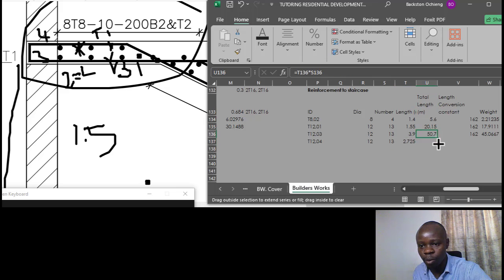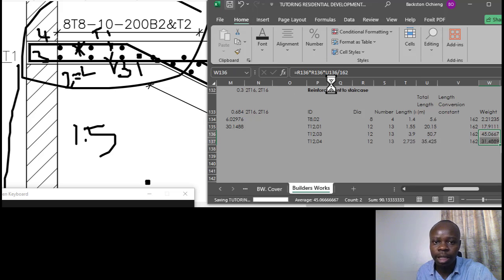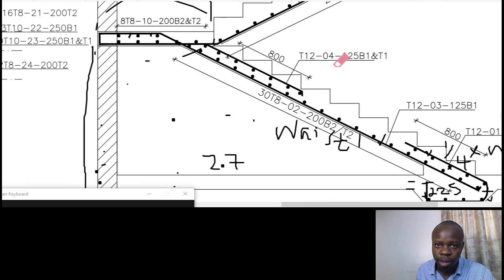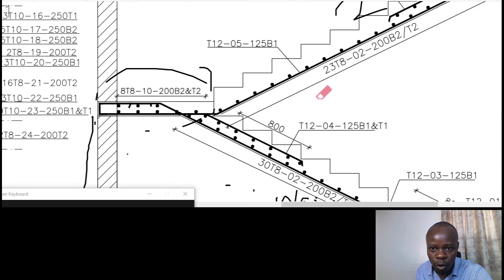So the rest of the formula remains in place to get the weight. That is how technical it appears, but it's very simple once you understand how those bars are flowing. Just to confirm, this is bar mark number 4.